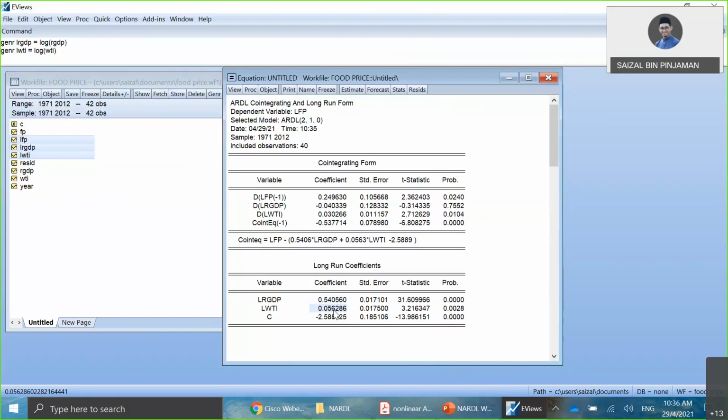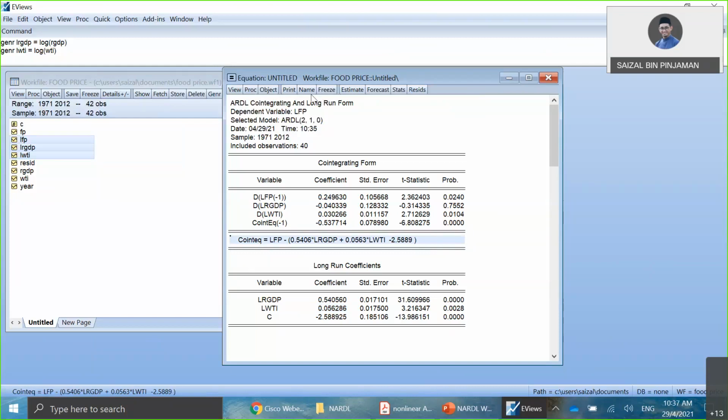So we can extend this ARDL model to form the ECM analysis. But let us save that part for the NARDL, because remember, we are now in the ARDL form.